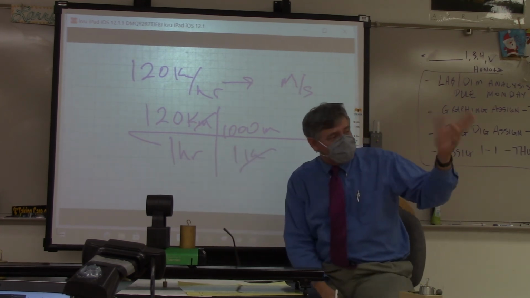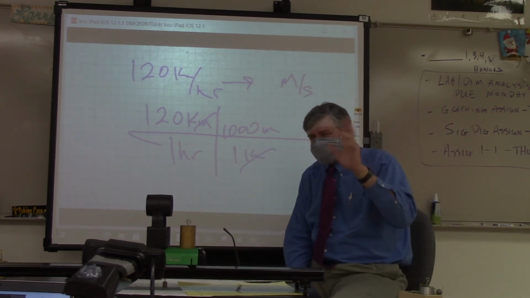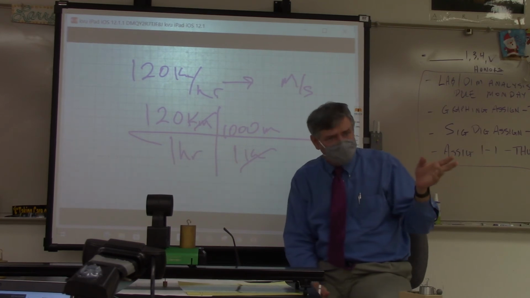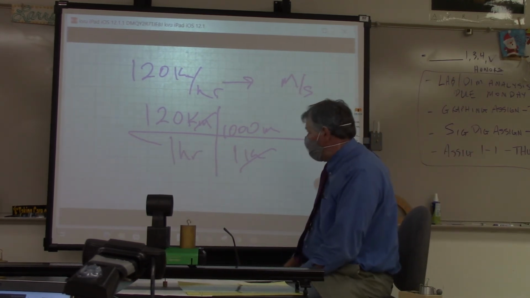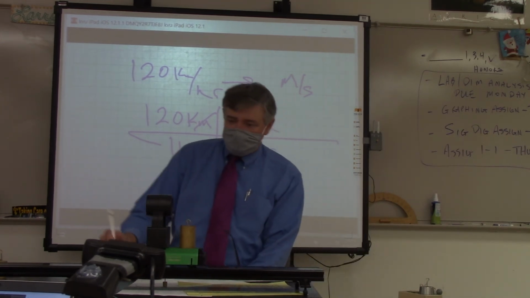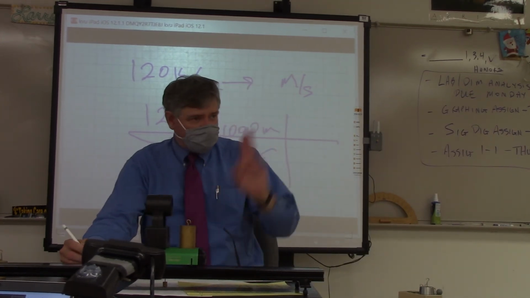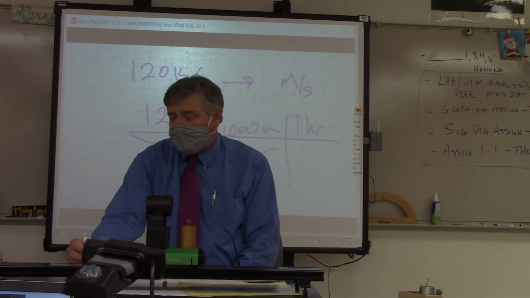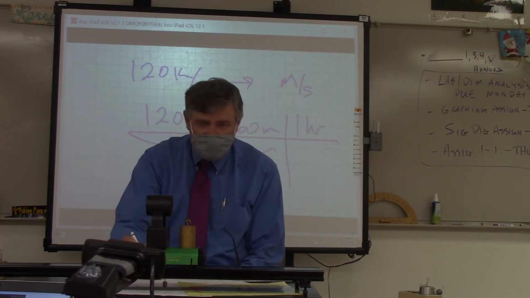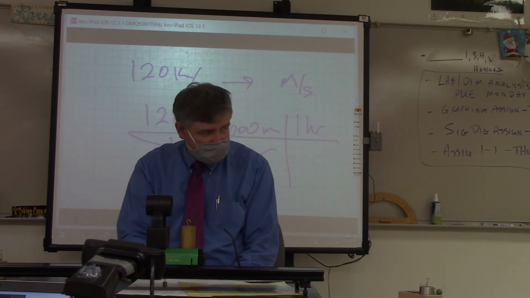Now, to give you some perspective, 120 kilometers per hour is about 70 miles per hour, okay? Just kind of a ballpark idea, okay? Now, there's 2 ways that you can do this. You got to put the 1 hour up here. So, if you have 1 hour, how many seconds is that?